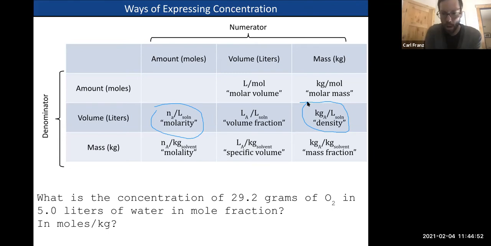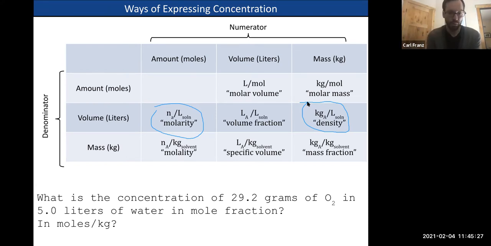So to solve this problem, you would just have to convert 29.2 grams of O2 into the respective moles, right? So you use your conversion factor with the molecular weight to convert that, and that will give you moles of O2. And then you will take that over the sum of those moles of O2 and the moles of water.